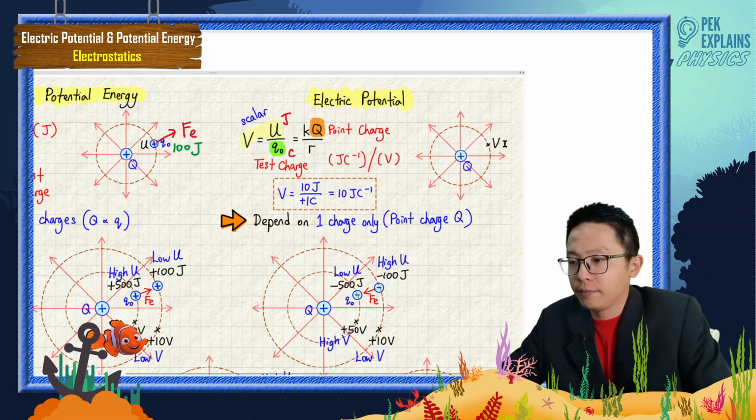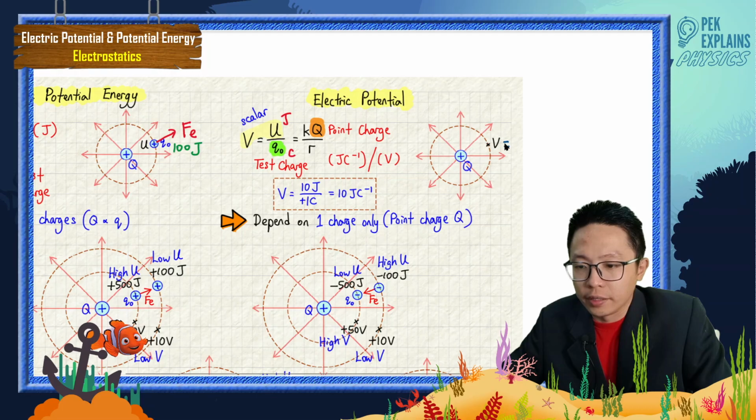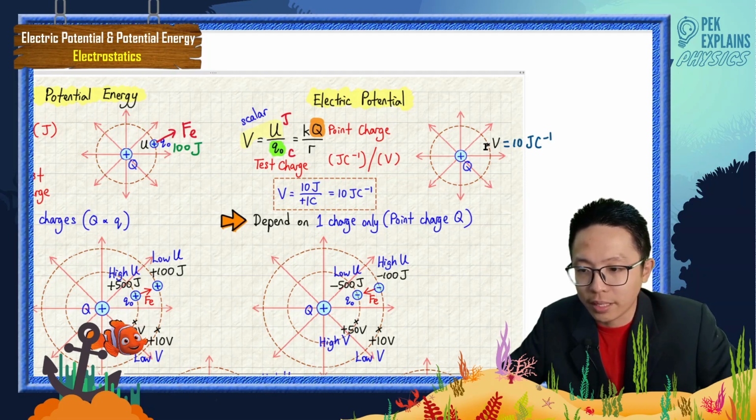Let's say this point, which I put here, is 10 joule per coulomb. What does it mean by 10 joule per coulomb for this point?